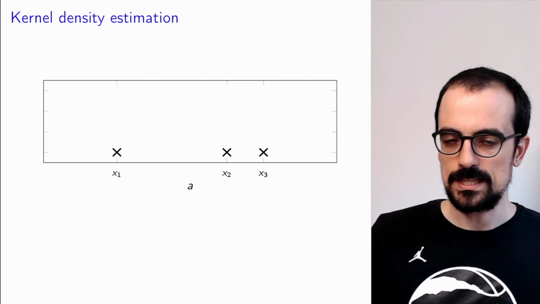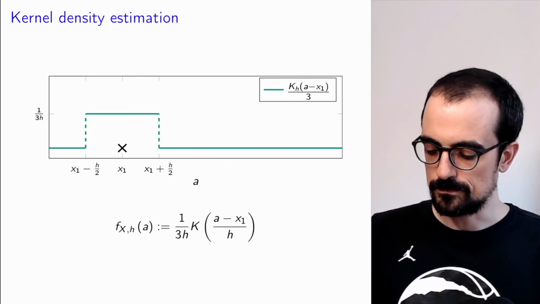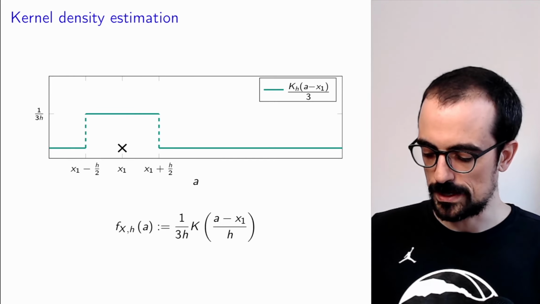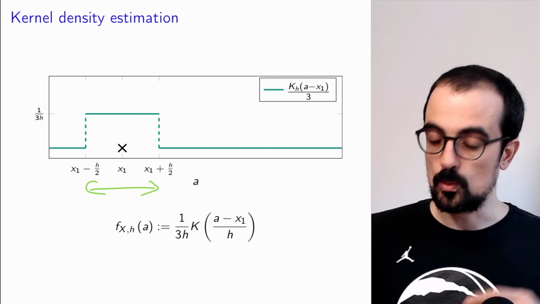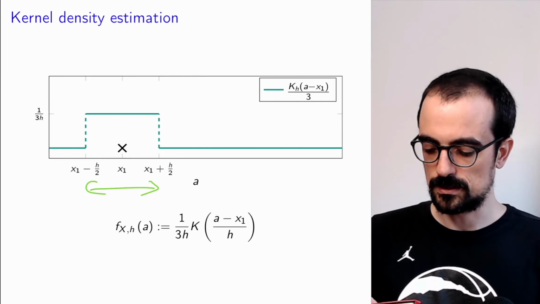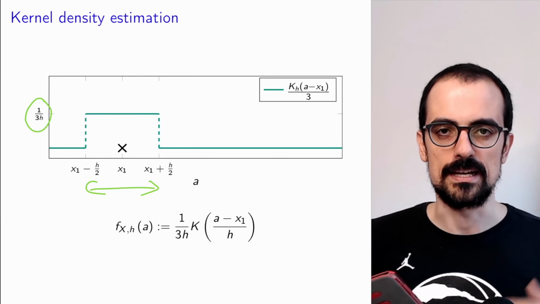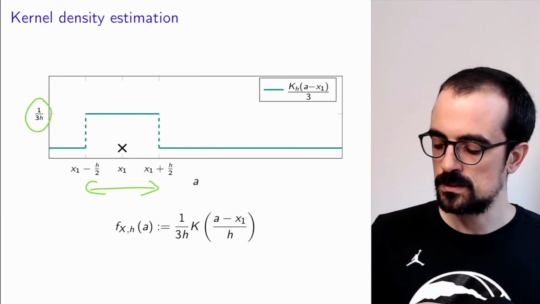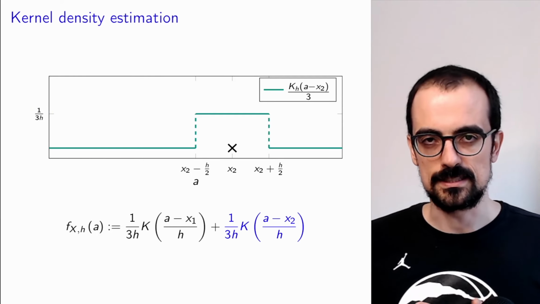So now we have these 3 data points. What we do is, boom, we put a rectangle that has a certain width, which is a hyperparameter, at x. We have to make sure that the height is determined so that at the end of the day everything integrates to 1, like in the histogram. Now we put another rectangle at this second data point.